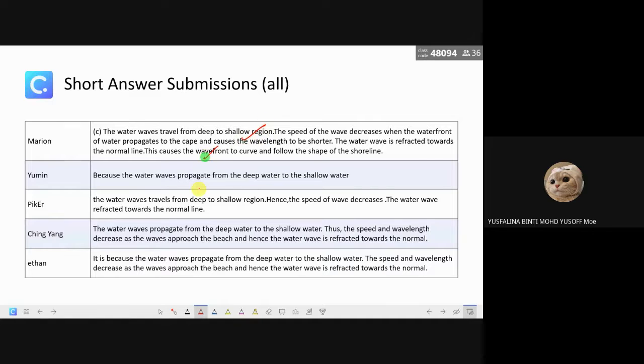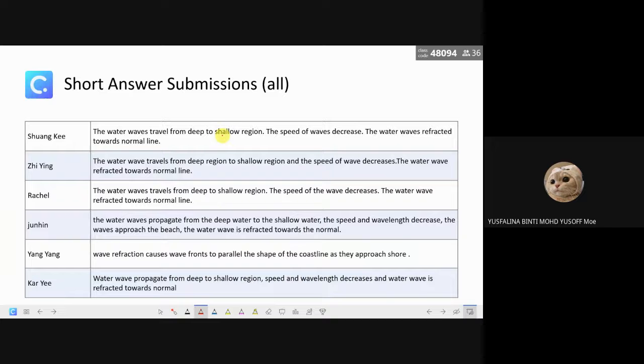Okay, good one. 1 point towards a normal line, this also can be acceptable. Speed of wavelength, the water, the speed of wavelength. This one, the answer is actually in the notes, right?